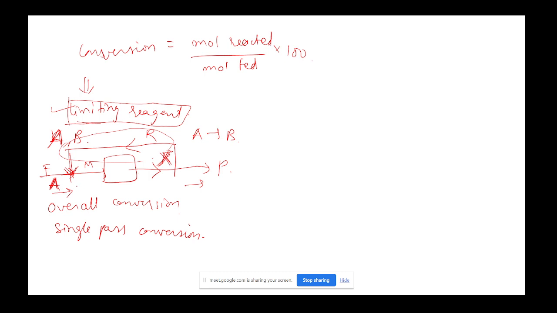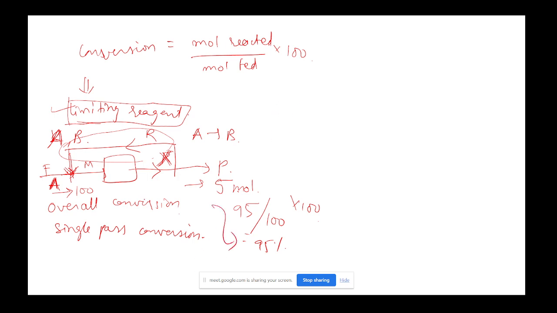Say for example, you are giving 100 moles of A in the feed and it has 5 moles here. So what does this mean? The conversion is the amount disappeared, which is the amount that is reacted. So amount disappeared will be 95, divided by what is fed, 100, into 100. So this is nothing but 95% conversion. So this is overall conversion.